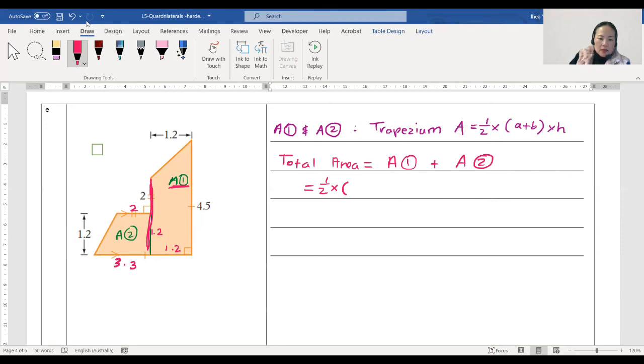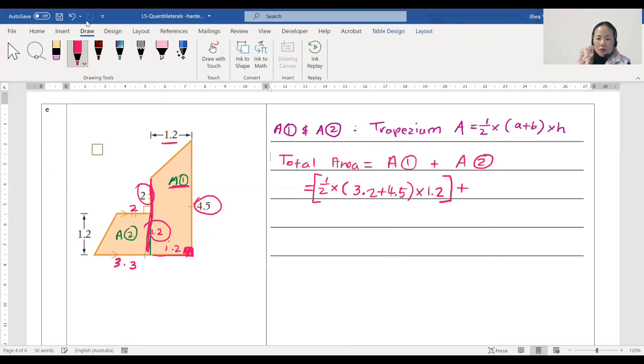This one is 2 plus 1.2, so it's 3.2, plus 4.5. That's the bottom base, times the height we got. That's here, perpendicular to each other, the base, so 1.2. Okay, so that was my first.